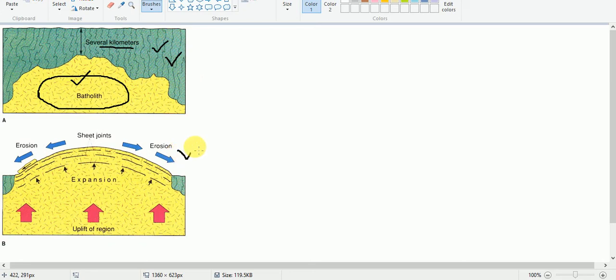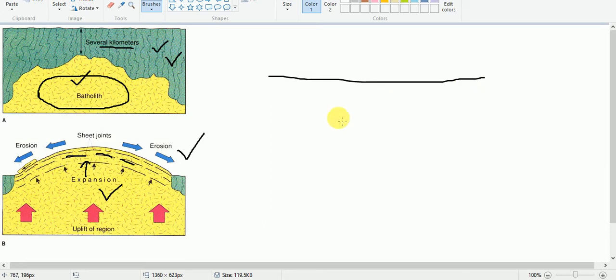Here erosion has taken place, and that is why the weight has been removed. That means pressure is relieved, and that is why this batholith will expand. See the arrow. Because of this expansion, the rock will be cracked along the surface, as you are seeing here, and due to this expansion process the rock is broken.